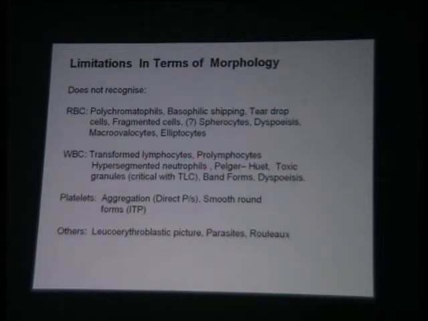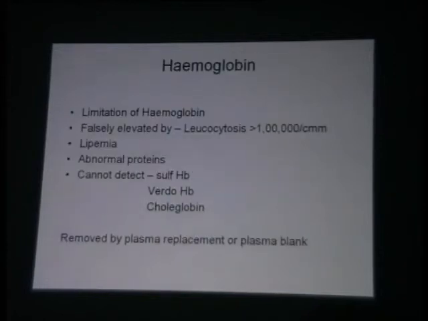Aggregations cannot be seen. Leukoerythroblastic blood picture, pancytes, rouleaux, all these cannot be seen by these counters, but still they have advantages. We must appreciate that and keep in mind the things which cannot be seen on the machines. So you have to look at them.